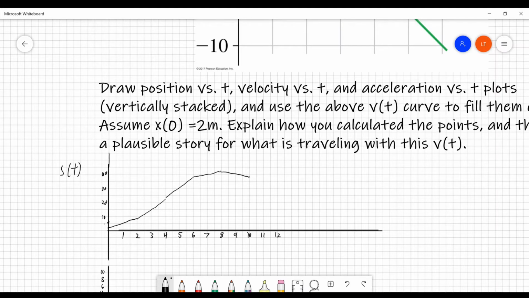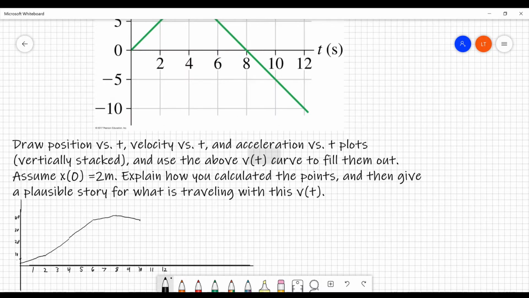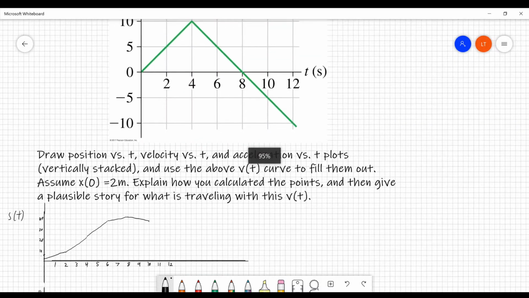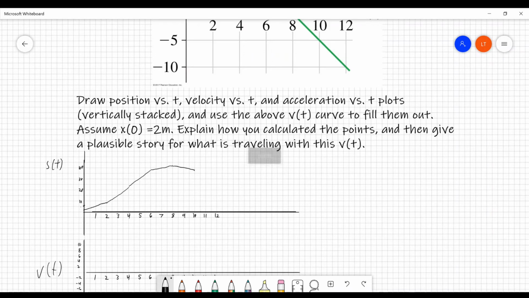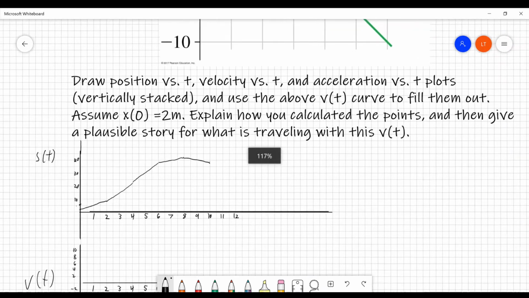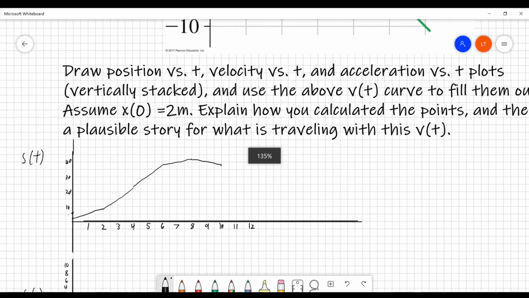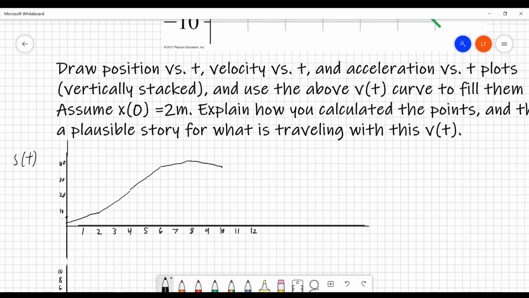Like so. T equals 12. Now we have to go back 15. So that would take us back down to 22. I think that was the number. That would be your position graph.